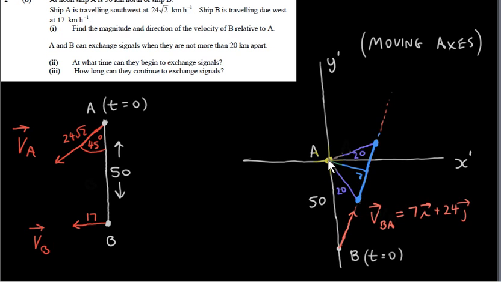So this line is the perpendicular distance between A and the path of B. What we can do first of all is calculate this distance, because once we know this distance, we can use Pythagoras to find this distance here, because we have a right angle triangle formed here.